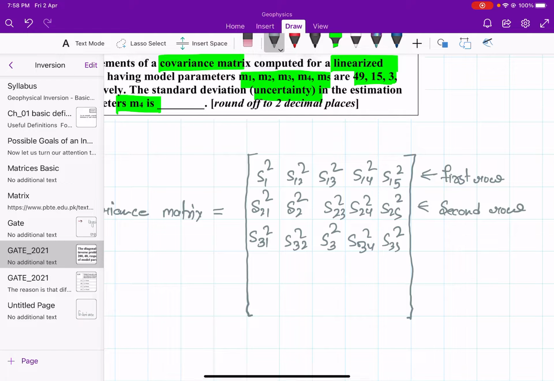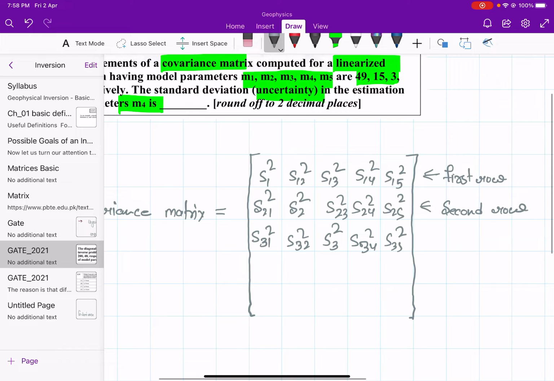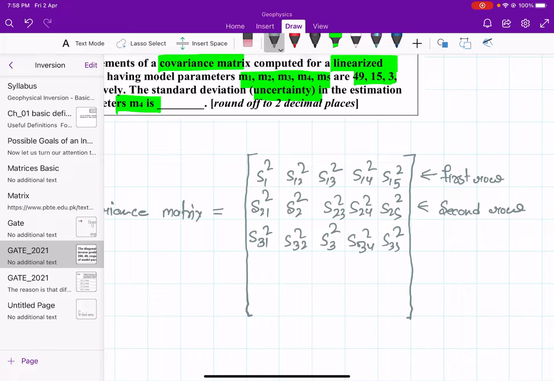Now next is s41 square, s42 square, s43 square, s44 square and s45 square, or you can write s4 square. This is the fourth row.